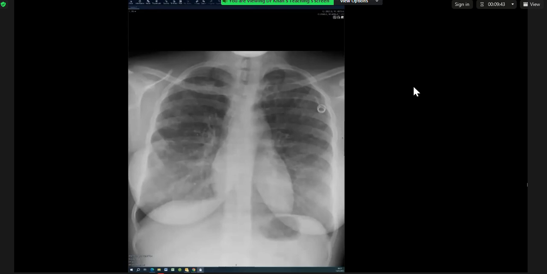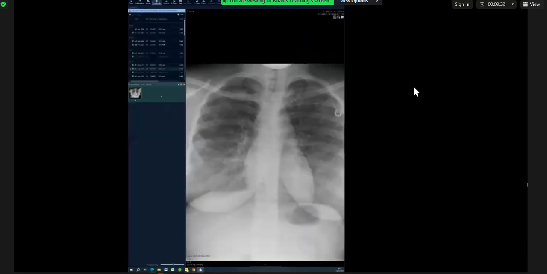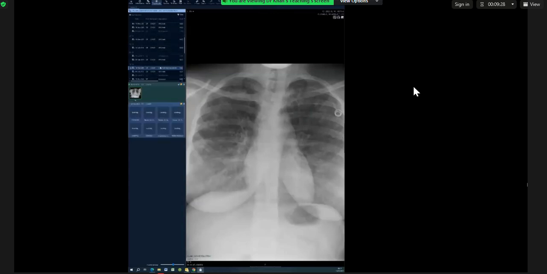I know that cystic fibrosis patients are prone to ABPA, and they're prone to aspergillomas, and they're just prone to normal sort of bronchiectasis and infections associated with that. So I would like a CT scan to further characterize.